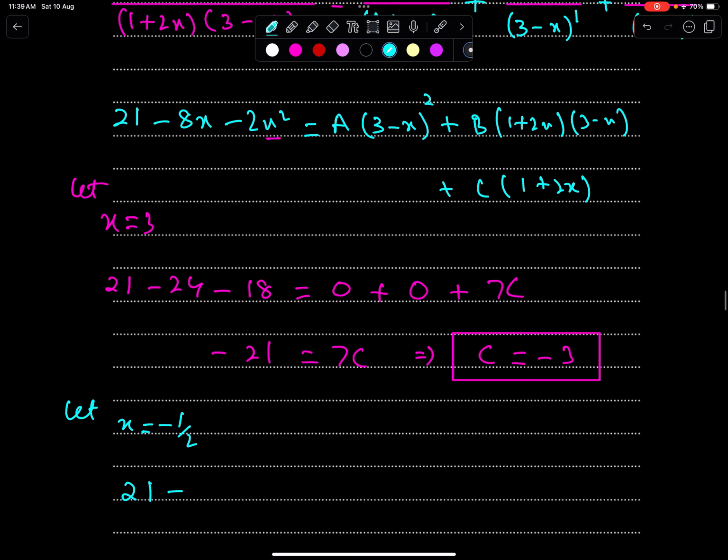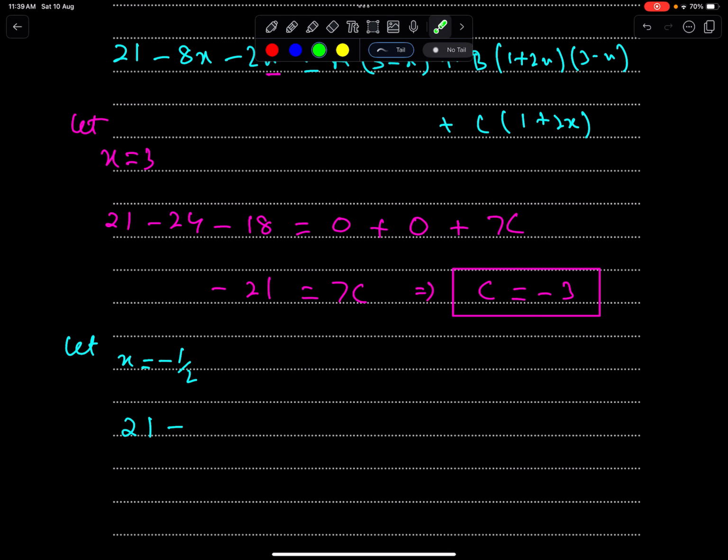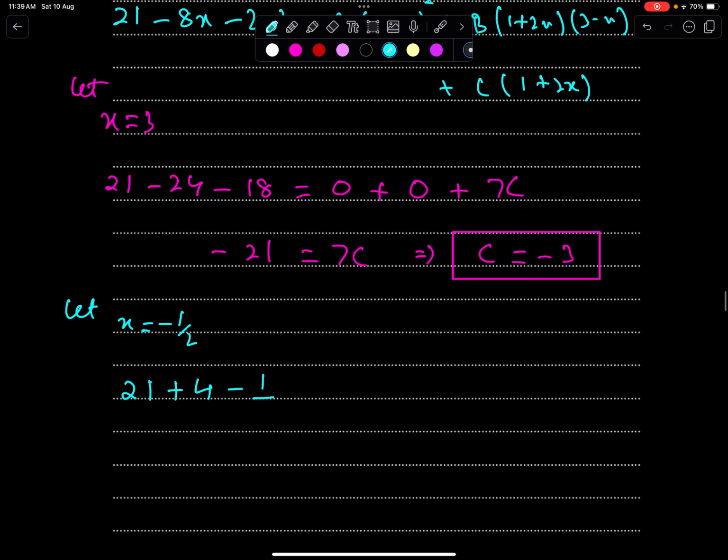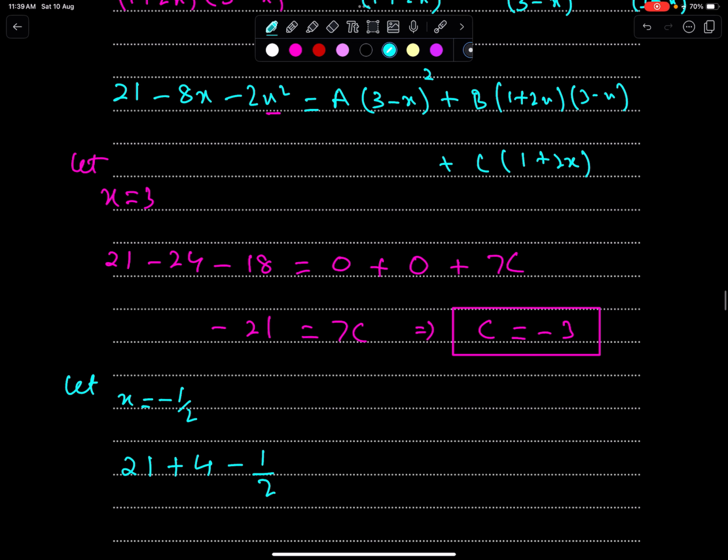So 21 copied. When we substitute minus half here, we'll get plus 4. And here, A times 3 minus minus half is 3 plus half, which is 7 upon 2 square.